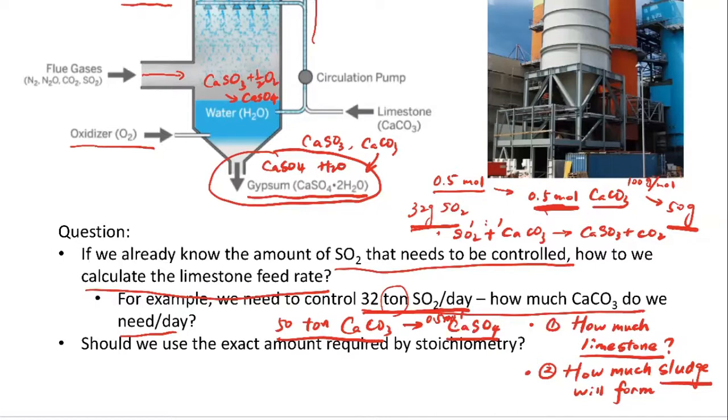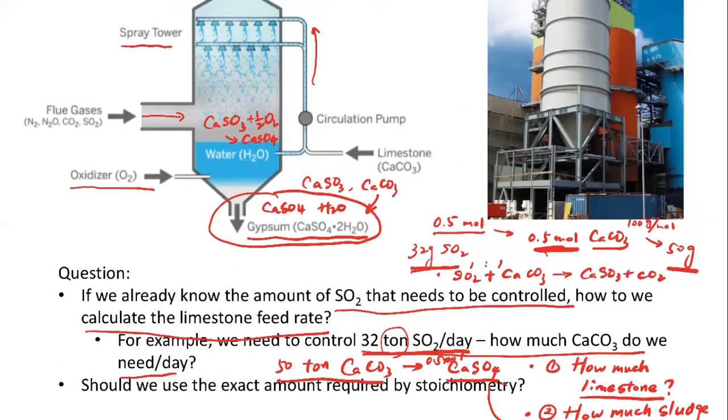And then if we know the calcium sulfate mass, then we can calculate how much of the sludge we're going to need, okay? So everything is still based on the stoichiometry, but due to the impurity of the limestone, and also because we always need to provide more limestone into the system to completely neutralize these acidic gases, the situation will get a little bit complex.